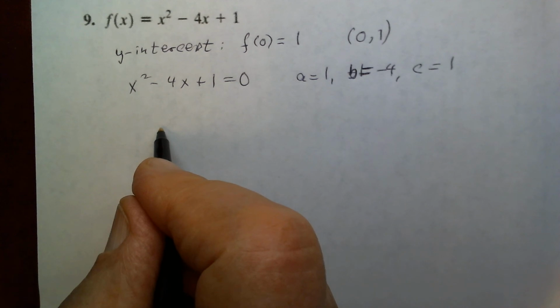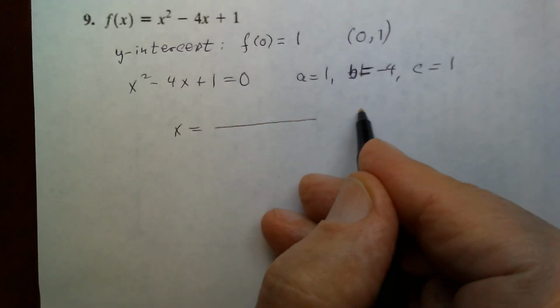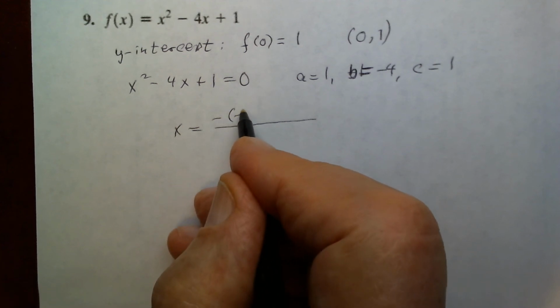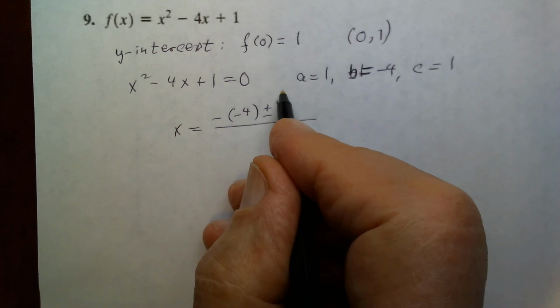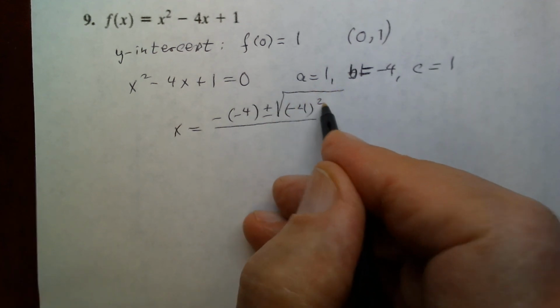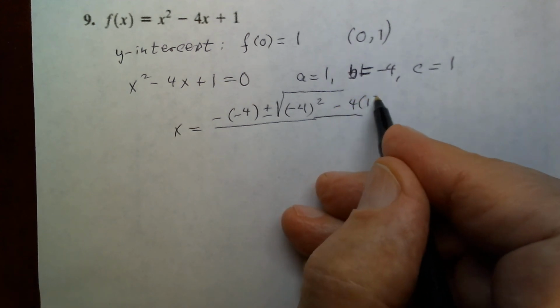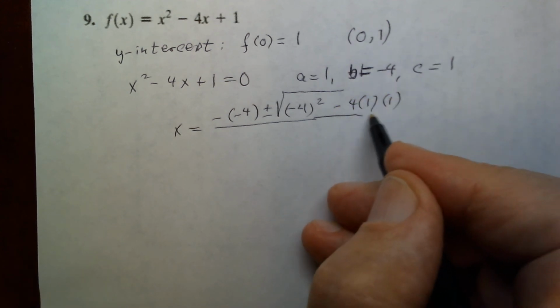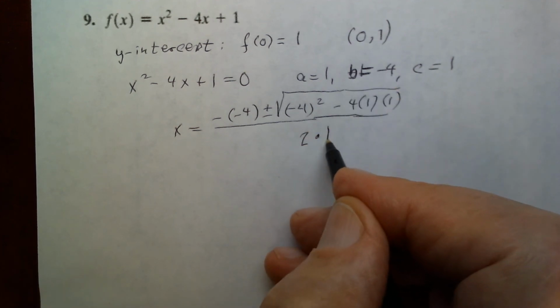We use the quadratic formula. x is equal to minus b, or minus negative 4, plus or minus the square root of b squared, so minus 4 squared, minus 4 times a, 1, times c, 1, divided by 2a, or 2 times 1.